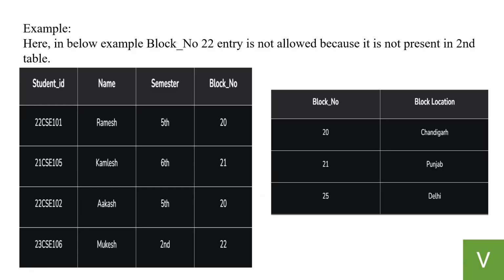So in referential integrity constraints, the foreign key in one table must be a primary key in another table. Considering this example, the block number is the foreign key in the student table. It should be a primary key in the second table.